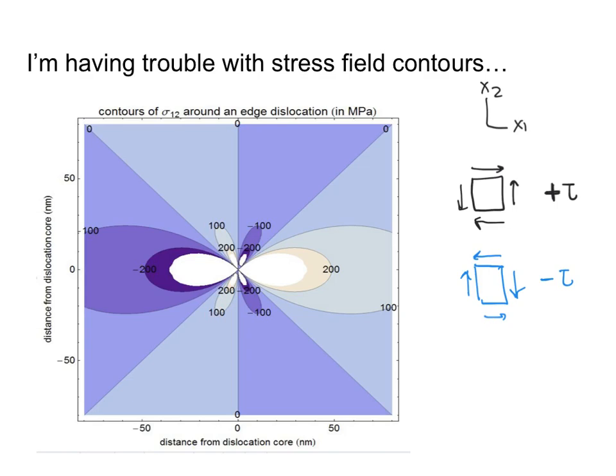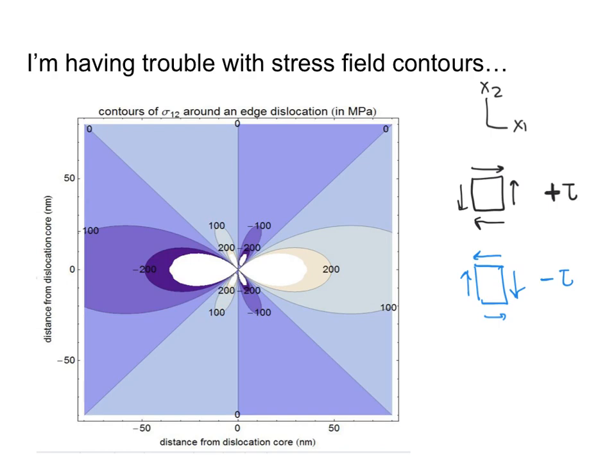So again, in terms of reading this contour map, we can see that as we get nearer to the dislocation, the stress increases. That's a main takeaway regardless. The closer we get to the dislocation, the higher the stress gets.